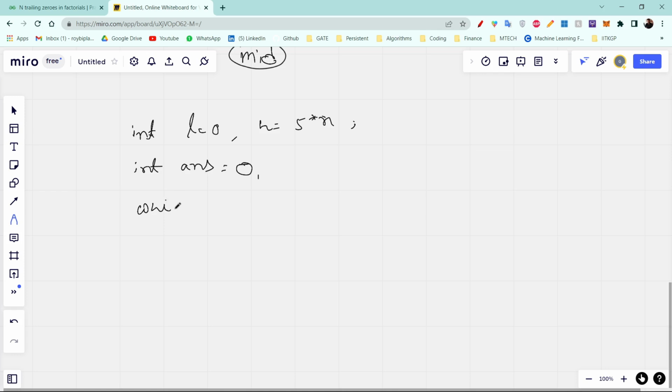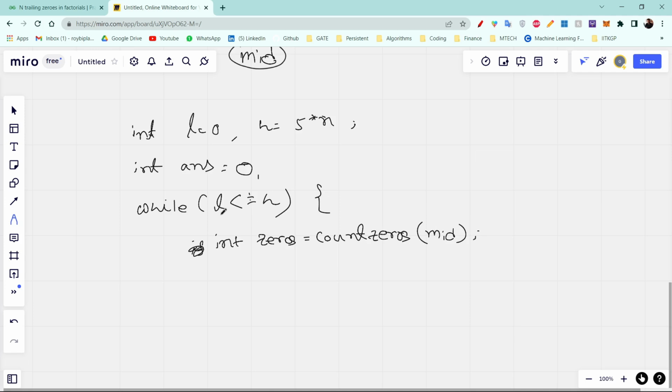While low is less than or equal to high, first let's count zeros. Int zeros, count zeros for which number? For mid, but we don't have mid, so we have to calculate it: int mid equals low plus high by 2.